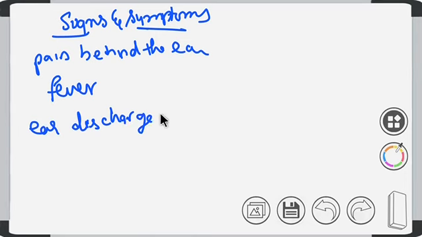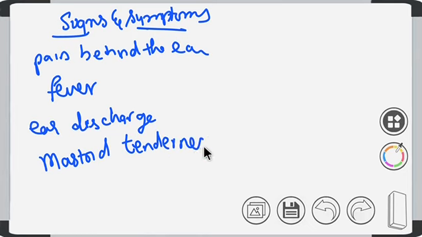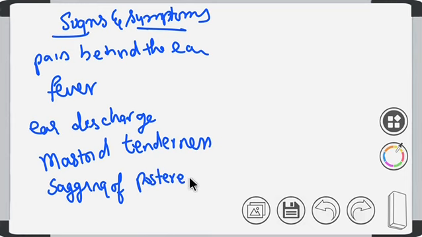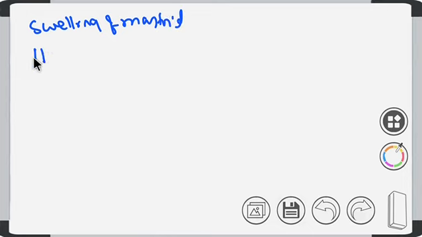There will be mastoid tenderness also, and there will be sagging of the posterior superior meatal wall. There will be swelling over the mastoid. There will be hearing loss.